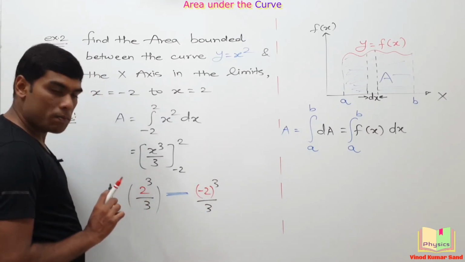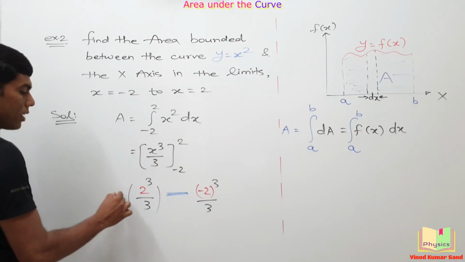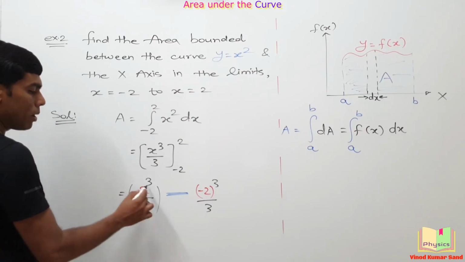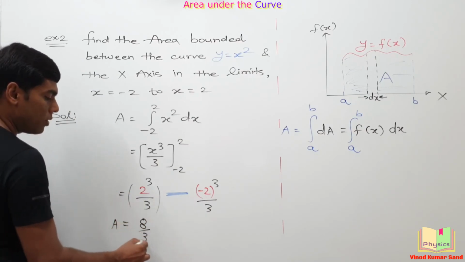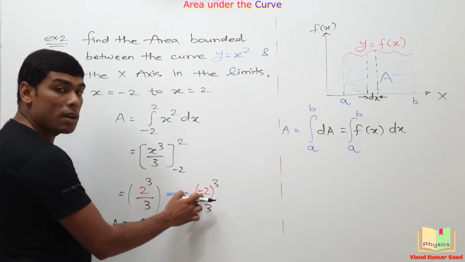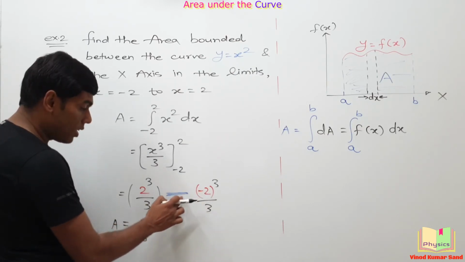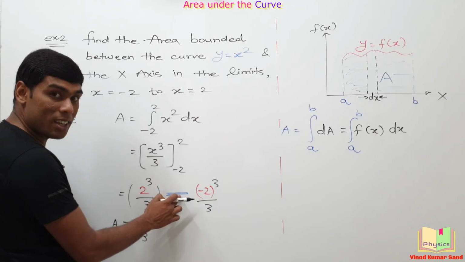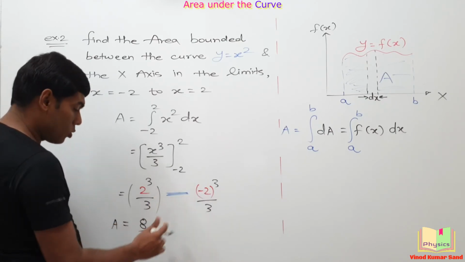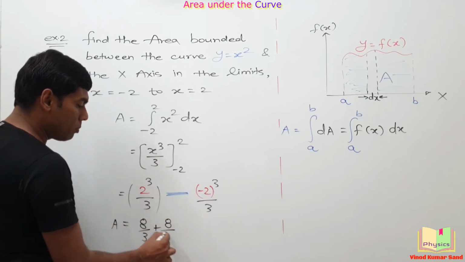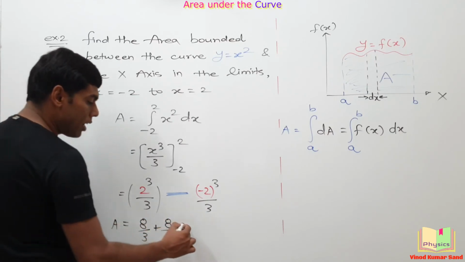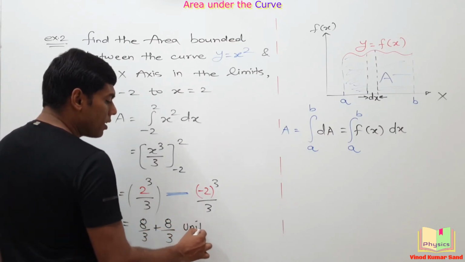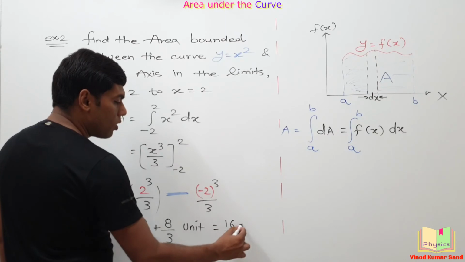Do you agree? Let us simplify this thing. The area will come out to be 8 by 3 and this will also become minus 8, and another minus sign here, so it will become plus 8. So here also you have to write 8 by 3. So the final answer will come out to be 16 by 3 units.